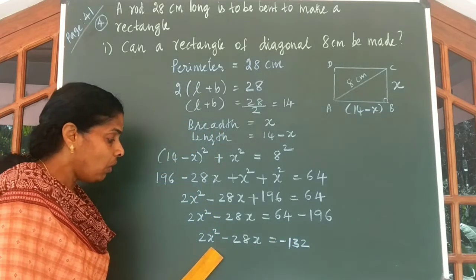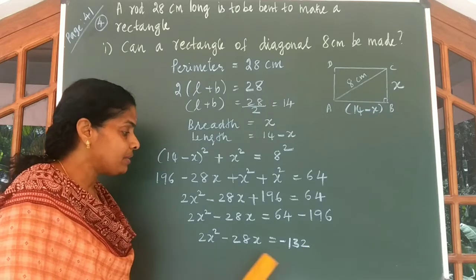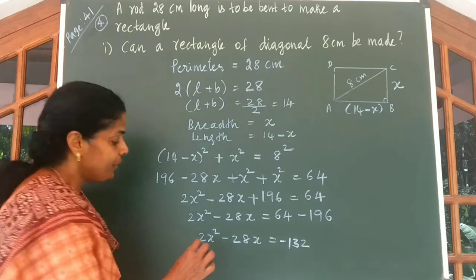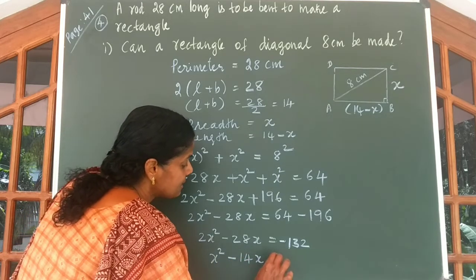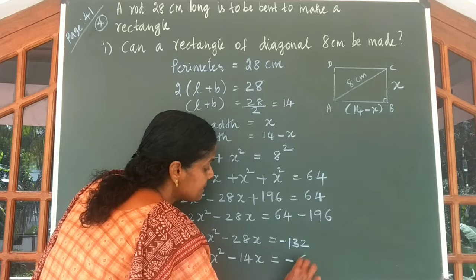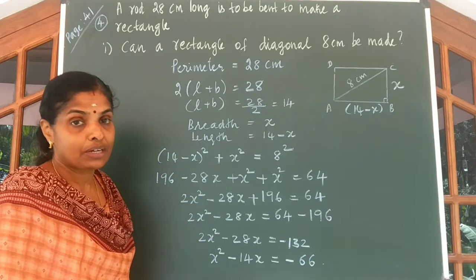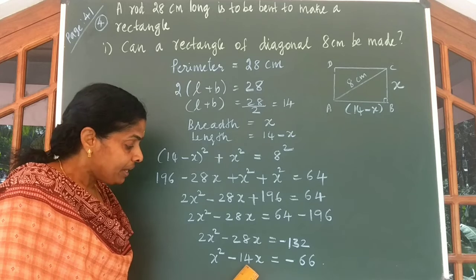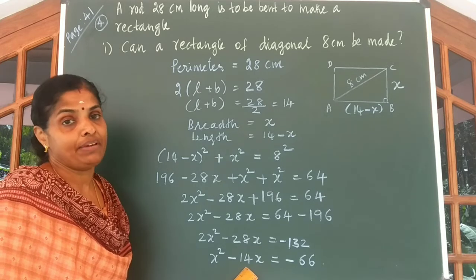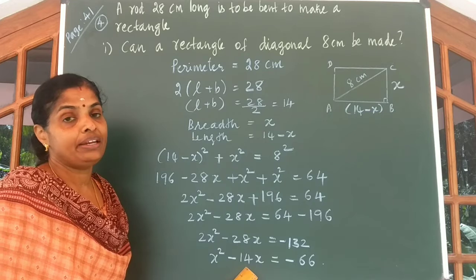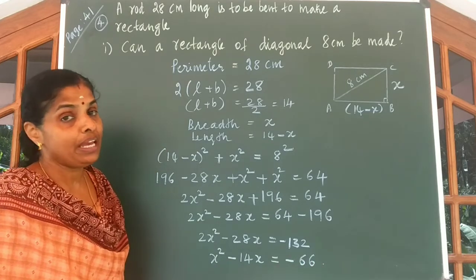Now we know all these numbers are divisible by 2. So let us divide the whole equation by 2. You get x square minus 14x is equal to minus 66. If you use the method of completing the square, we have to take half of 14, which is equal to 7. So what we have to do, children? We add 7 square to both sides of the equation.